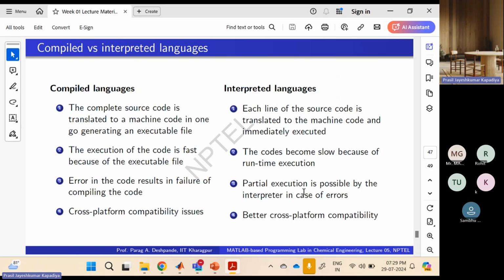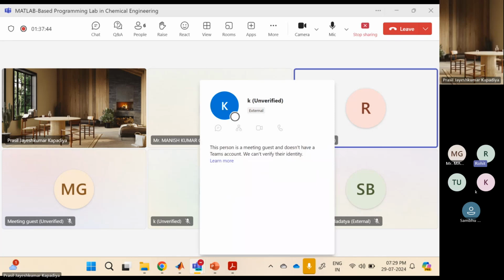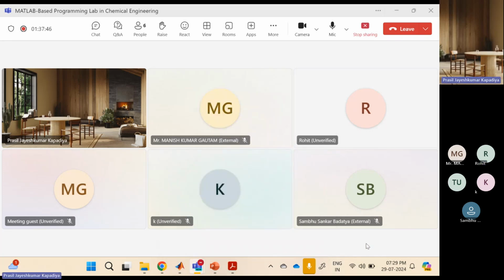And in compiled language, cross-platform compatibility issues are there, while interpreted languages have better cross-platform compatibility. What is cross-platform compatibility? Can anyone tell me? We can use it in Aspen, something like that. No, no, no. That doesn't mean cross-platform. What is cross-platform?